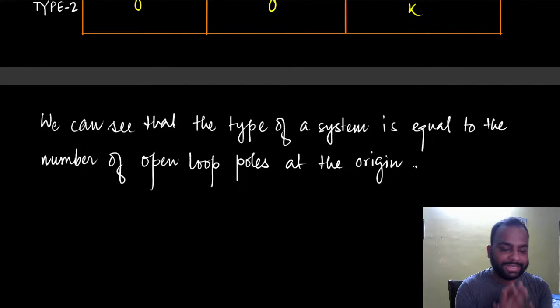So how many poles would G(s) have at the origin? Someone is saying type 2.